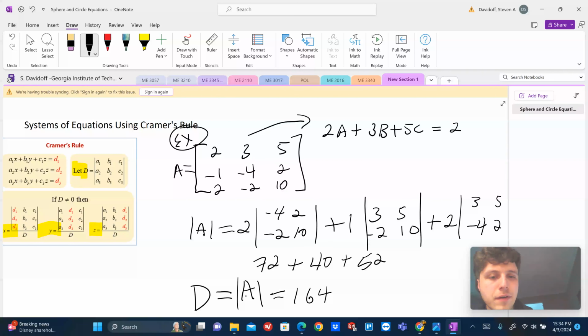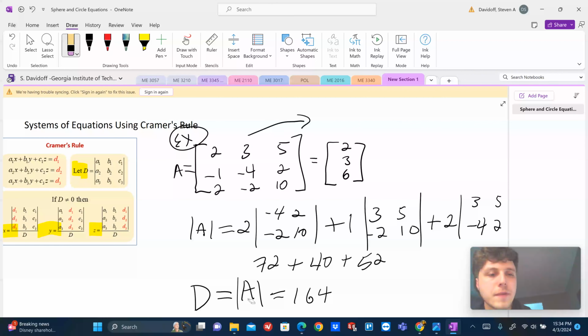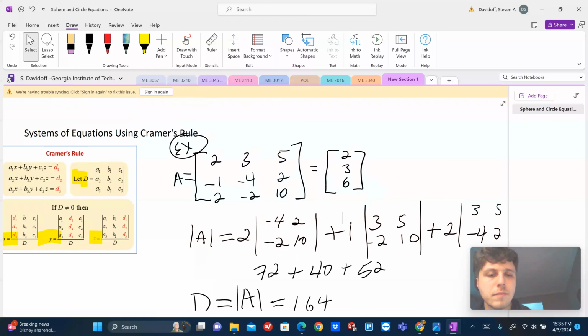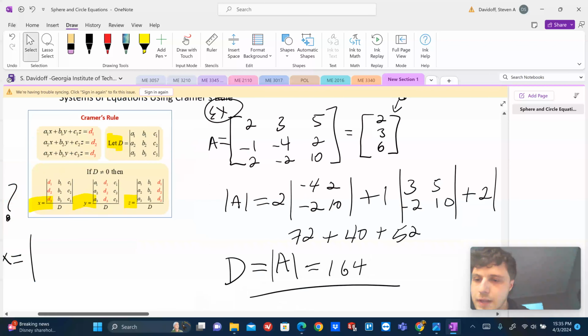Right, so basically the equations on everything is equal to 2. Let's do 3 and 6. So that is my D. My little d is 2, 3, and 6. That's my little d.